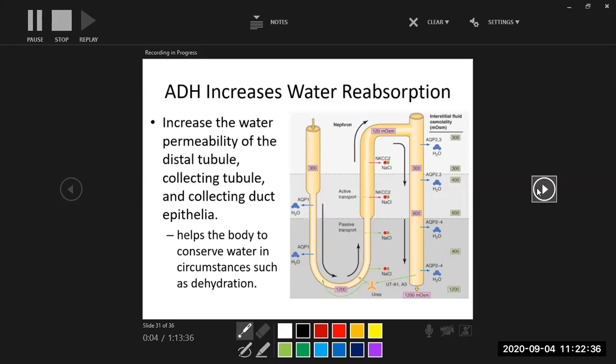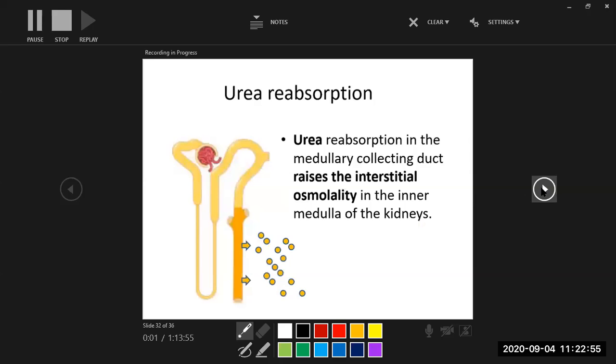All right, so ADH increases the water reabsorption, opens the water channel, and then water gets reabsorbed. And that allows us to preserve fluid back to our body. So that is the water. Is that it? Yes, good.